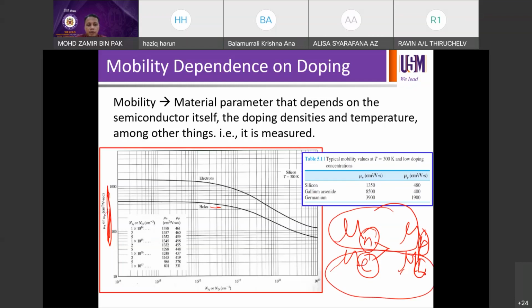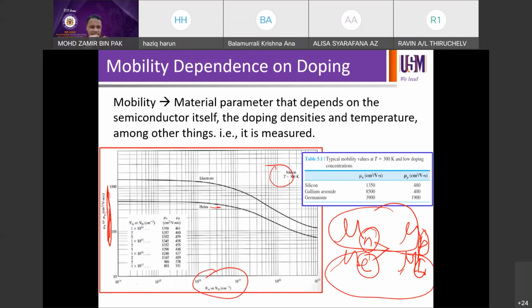In this case, it's showing mu n and mu p for the mobility on the y-axis. And this curve is showing you the dependency on the doping level. The mobility is dependent on the doping level of your semiconductor. For example, let's have a look at silicon. The graph is for silicon.